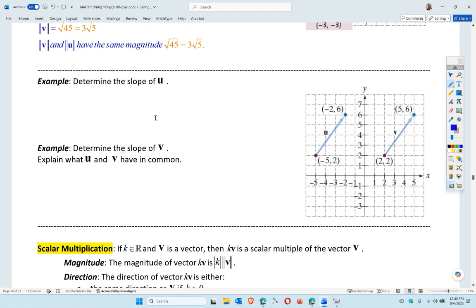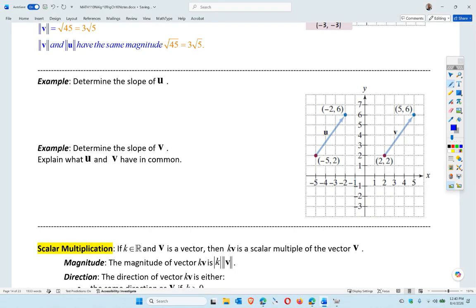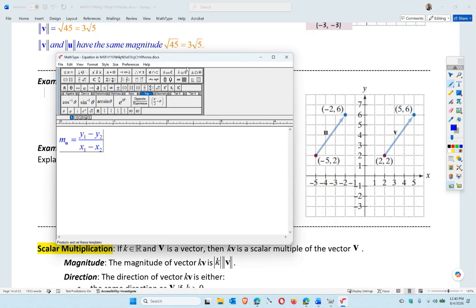So look at these two vectors here. We could do slope as direction, right? So if we do slope, this is our coordinates for u here. All right, there's our slope formula.